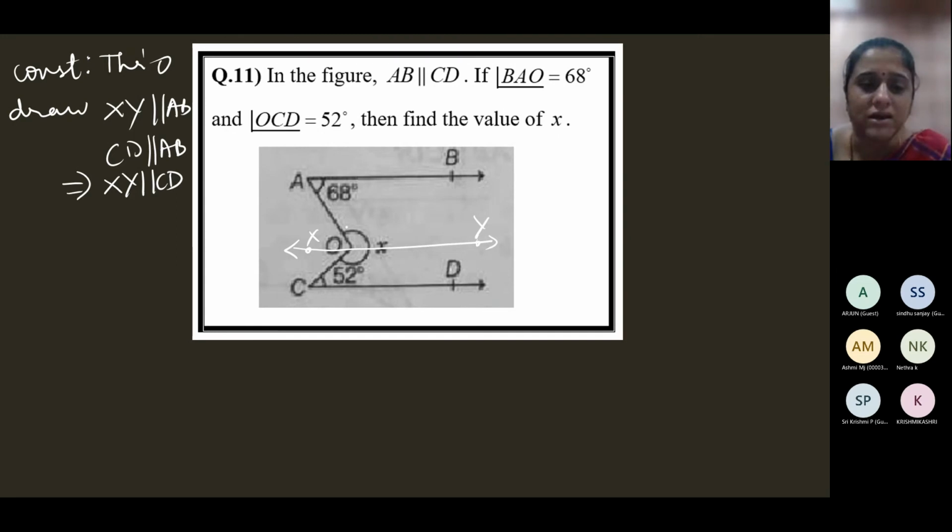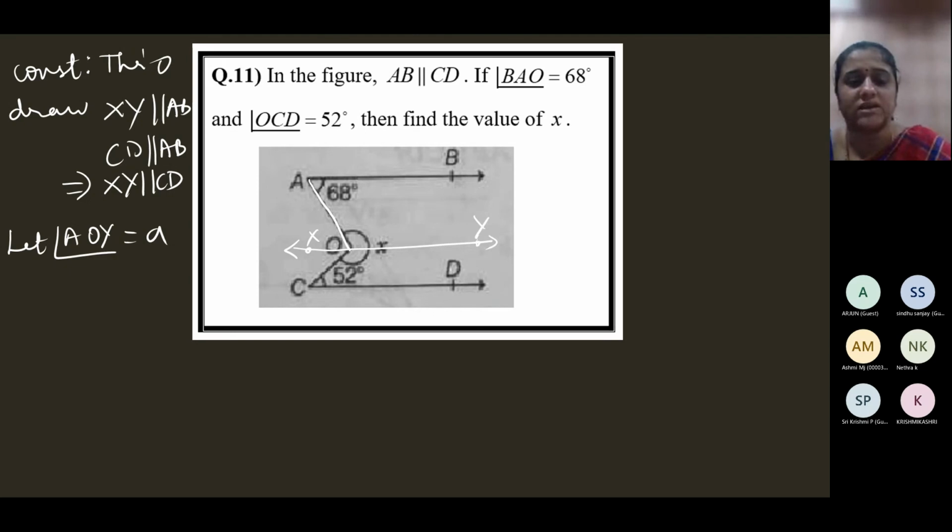Now I'm going to mark this one as A, children. See here, this top part, let angle AOY be A. AOY, can you see this angle? And I'm going to call angle COD as B. Let angle COD be equal to B. And now what is X?